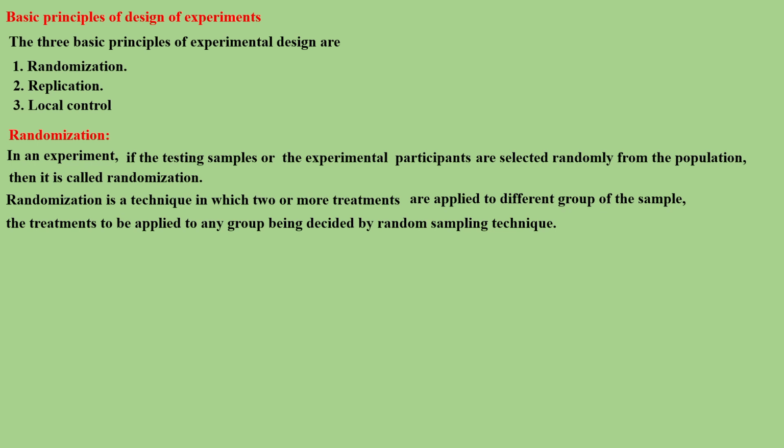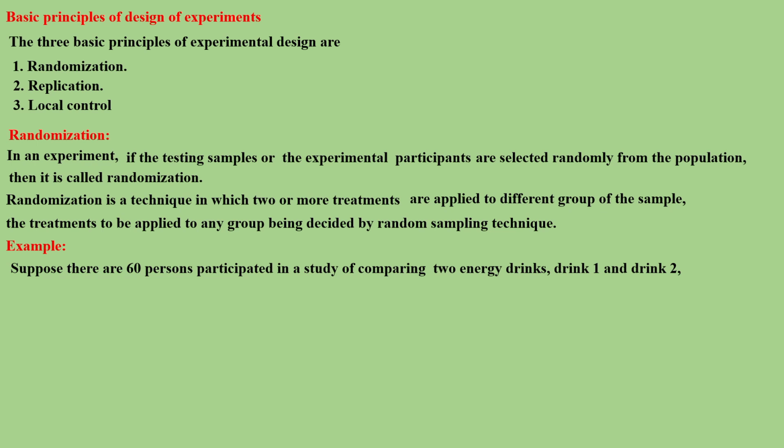Then you have to put it in the first field. So you have to choose the field randomly. Out of 10 you can choose any field. Out of 4 paddy seeds you can choose any one of them randomly. Then the fertilizers, out of 3 fertilizers you can choose any one fertilizer in that particular field. That is called randomization.